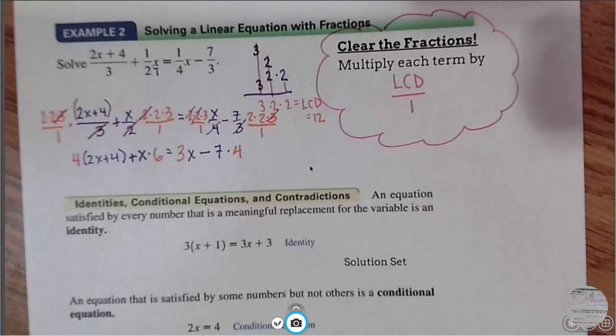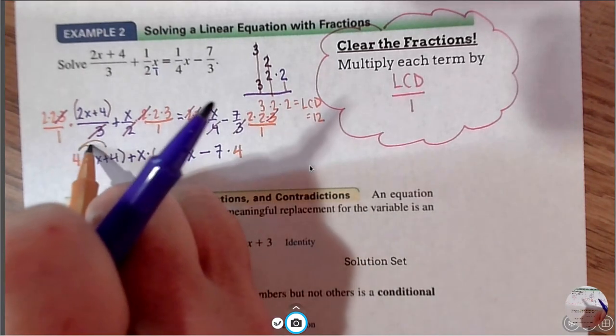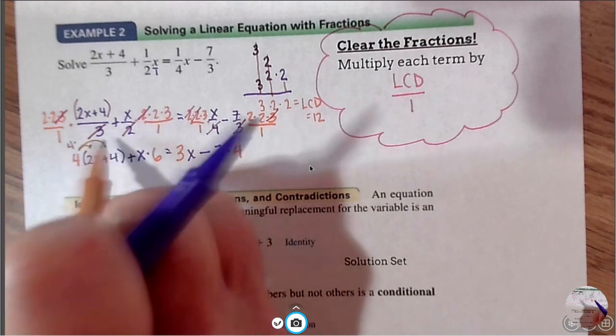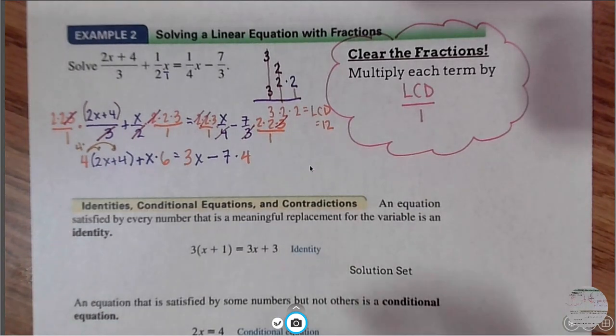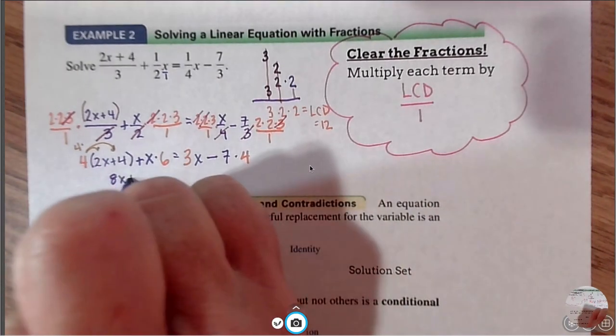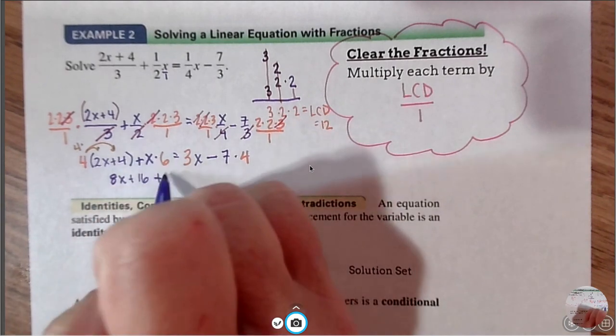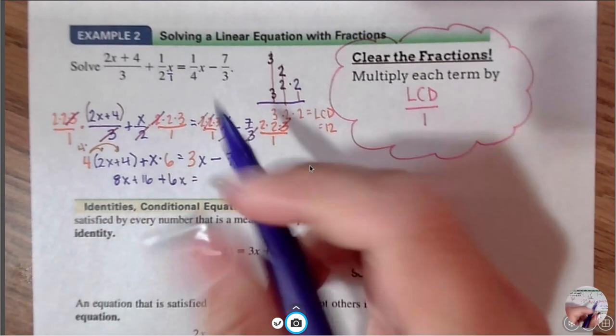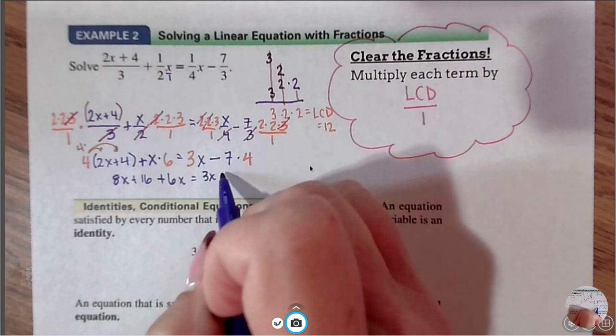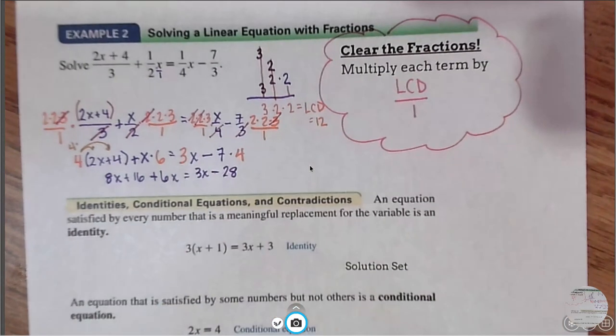Now I'm back to just my instructions from the first page, which are to solve this equation by getting all the variables to one side, constant terms to the other. So I will distribute 4, which is going to be 8x plus 16, and then x times 6 is 6x, equals 3x and then minus 28.